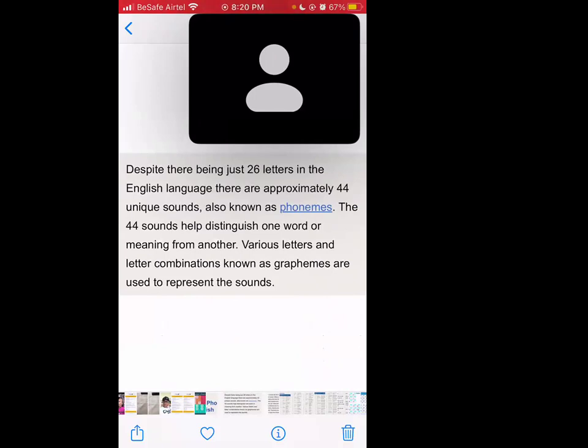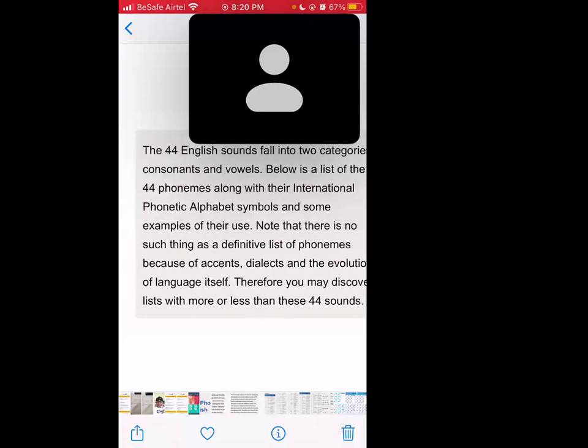The 44 sounds help distinguish one word or meaning from another. Various letters and letter combinations, known as graphemes, are used to represent these sounds. So all of these words I'm saying right now comprise these sounds, all right?